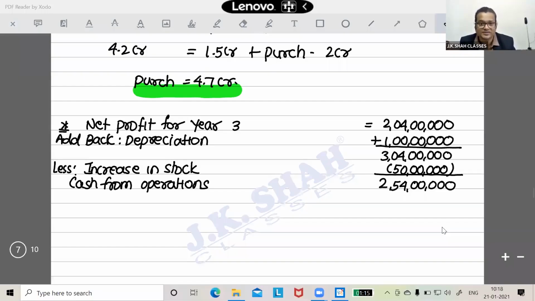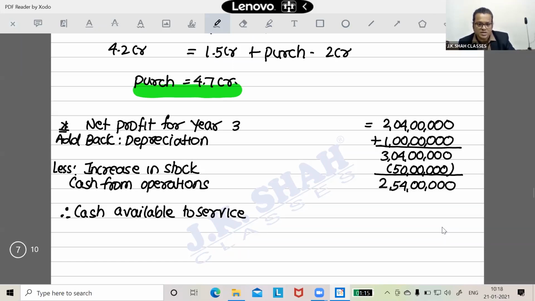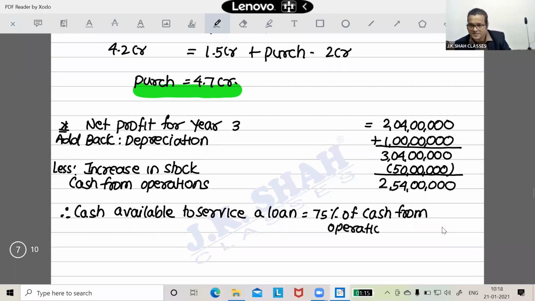Okay. So finally, we are left with cash from operations of 254, and what therefore cash available to service loan? What is told in the question? It will be 75% of cash from operations.